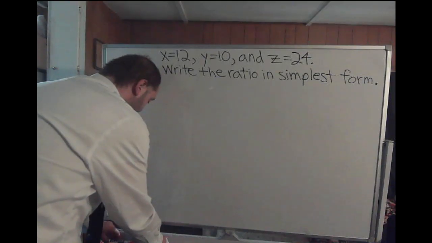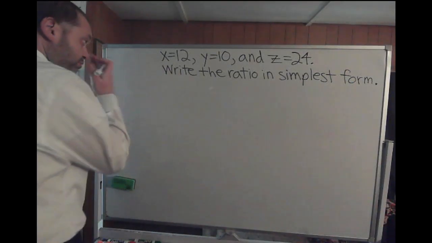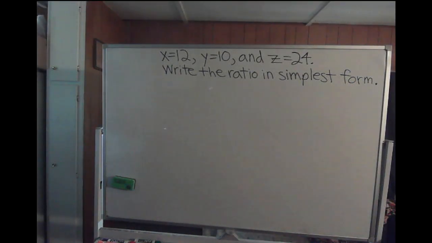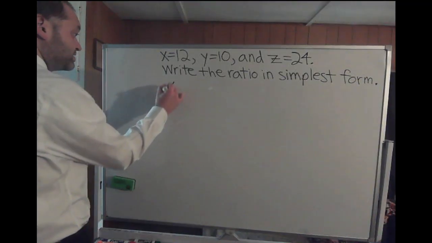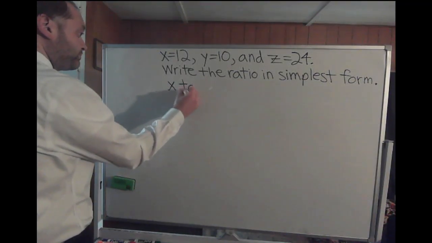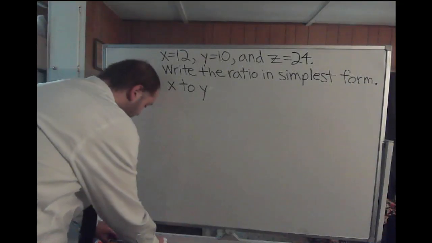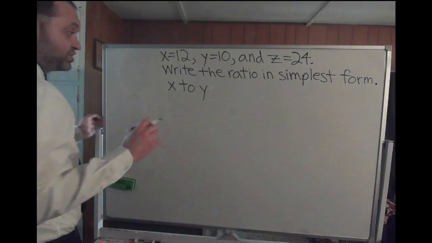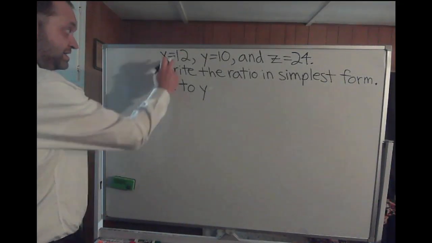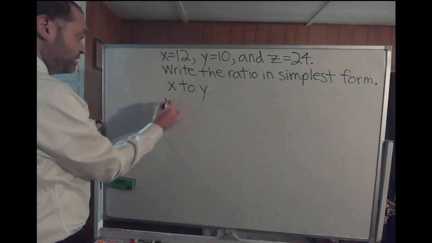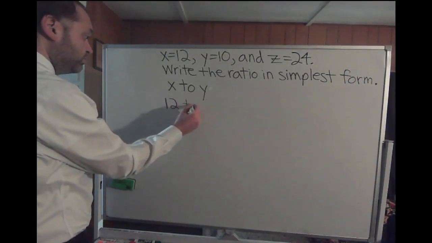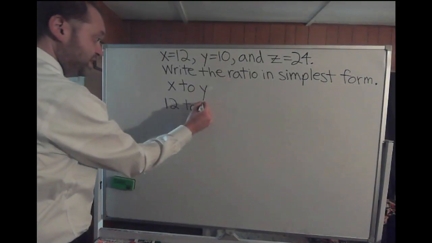Okay, so the first problem we're going to do here is the ratio x to y. We have x to y, right? Well, if it's x to y, x is equal to 12, that means it's going to be 12 to your y value, which is 10.